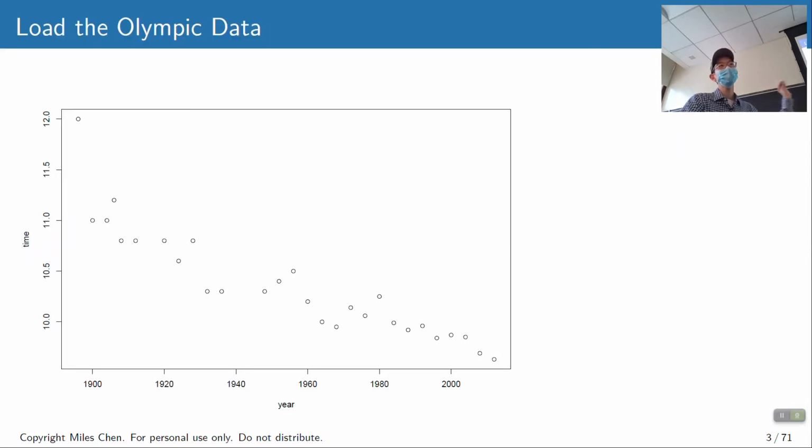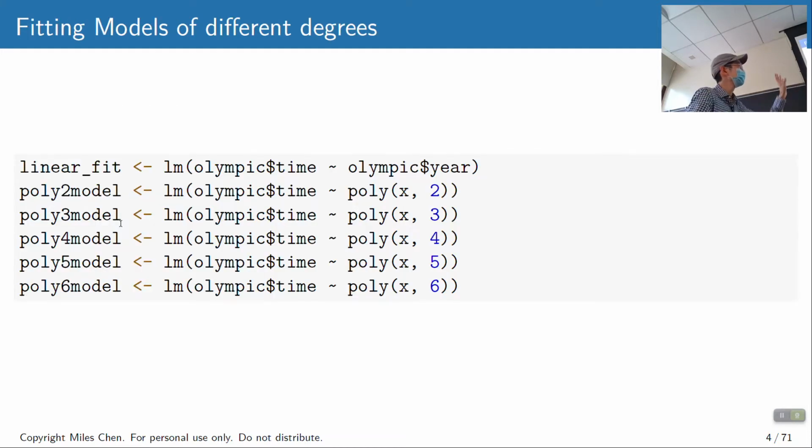Okay. So on Thursday, we looked at this Olympic data set, and we were looking at least squares regression, multiple linear regression. We were just fitting different polynomials. We said, let's try fitting a second order, a third order, a fourth order, fifth order, et cetera.